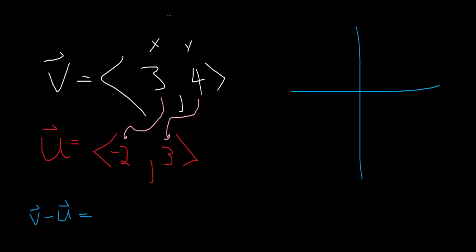So what V minus U looks like is, we're going to start off with V. So V does this, and we know that U does this. So this is the way that U normally goes. Whenever you subtract U, U actually does the opposite of what it normally does. So this minus U means that instead of going left and up, we're going to go right and down.